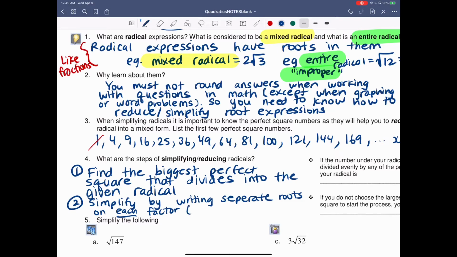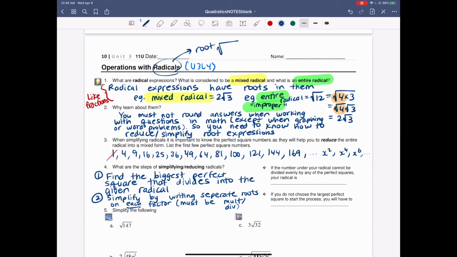So it must be multiplication or division. Hopefully that will make more sense as we're actually doing them.